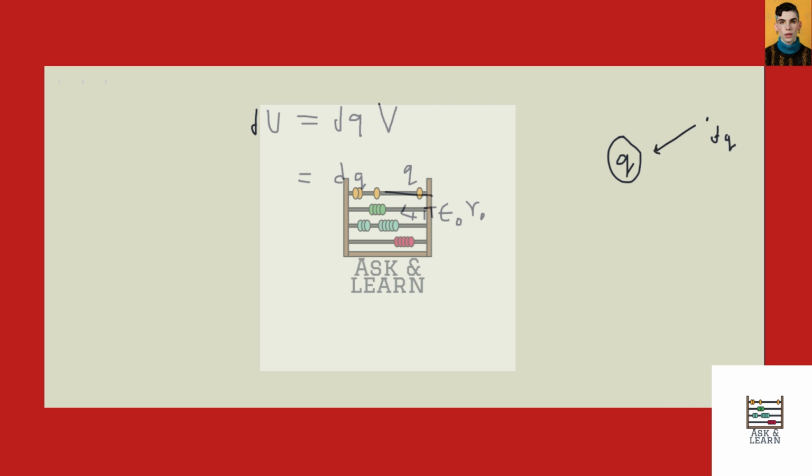But to find the net energy, all we have to do is integrate du. Now, if you integrate q dq, you will get q squared by 2. So the answer, again, you will find to be what you find in A and B. So q squared divided by 2.